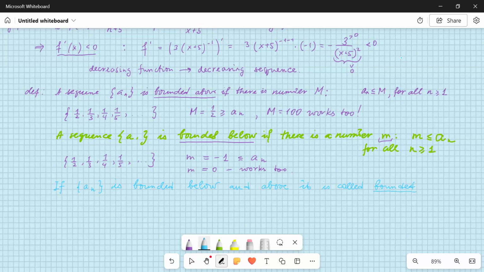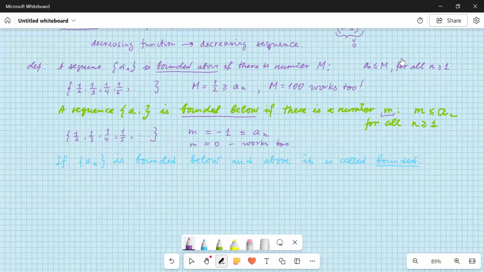Well, we are not saying just bounded because actually it's more than just below and just above, right? So not all sequences are going to be bounded, and not all of them are going to be bounded on both sides. I'm going to give you an example of a sequence which is bounded on just one side.